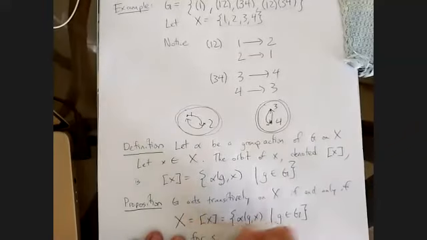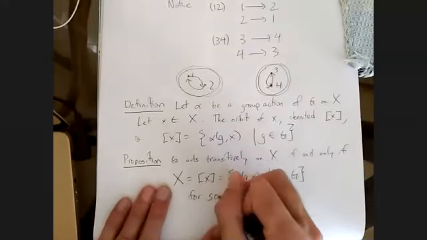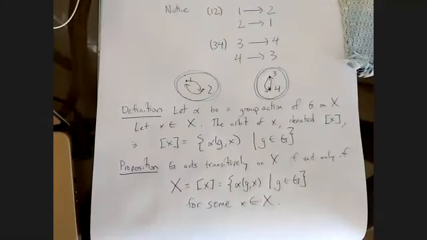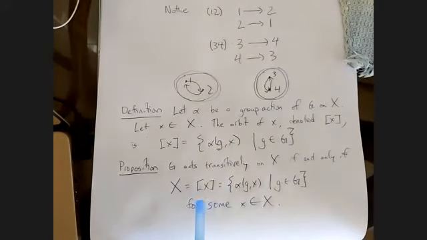And this is true for some x in X. So a transitive action is just an action which has one orbit.